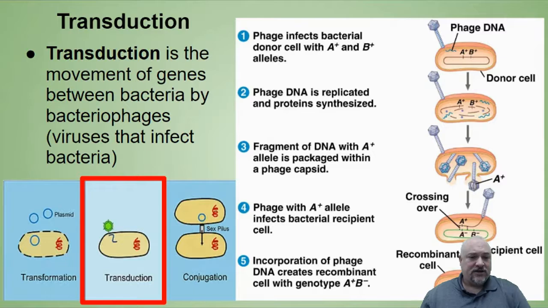Next, transduction is the movement of genes between bacteria by bacteriophages. Bacteriophages are viruses that infect bacteria. So obviously, what do viruses do? They inject their genetic material into their host. Okay. So this is a way that we can get changes to the bacterial DNA via the injection of it of viruses.